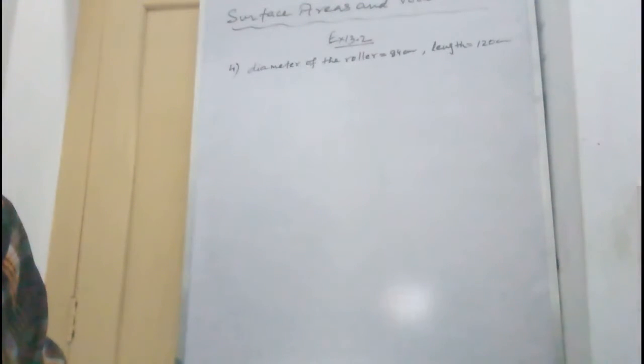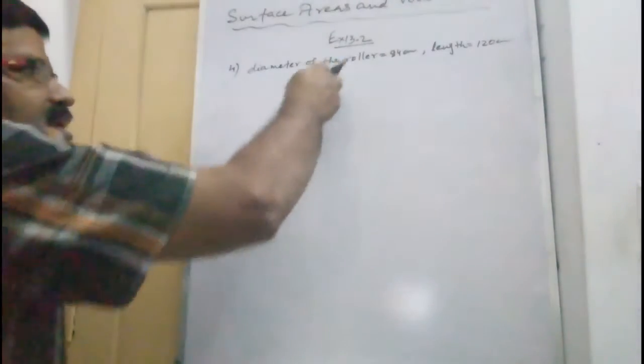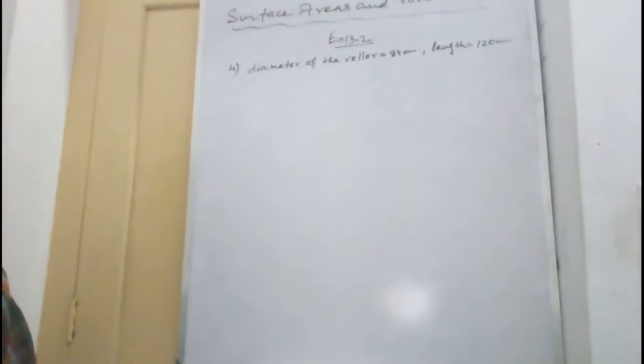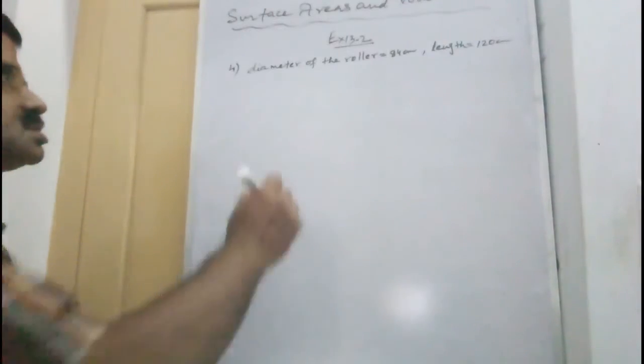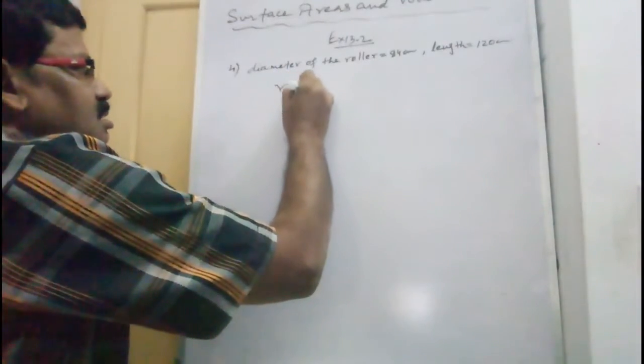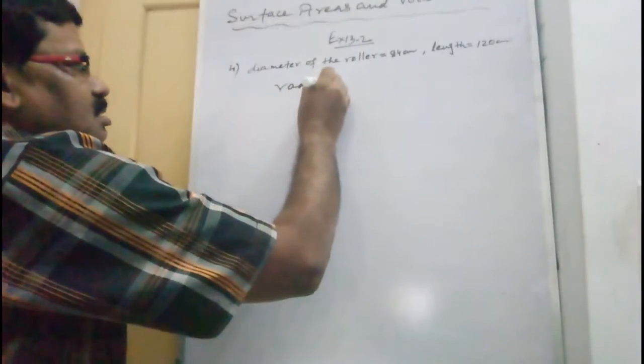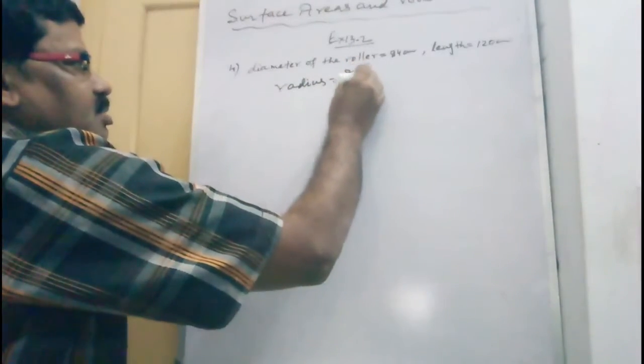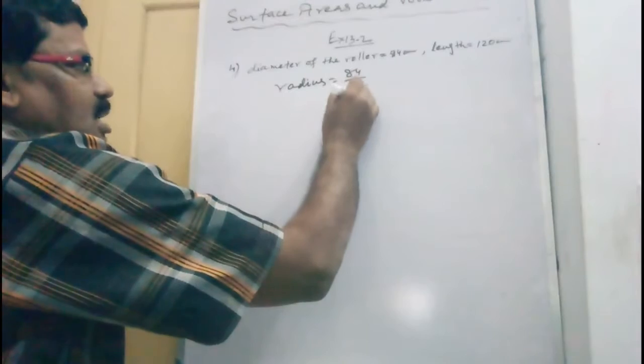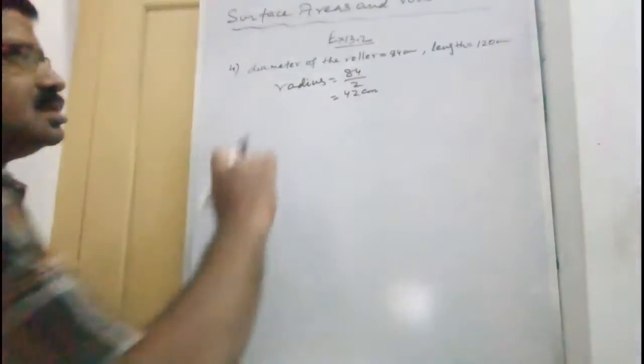So you have to find the area of the playground in meter square. As the diameter of the roller is given, first find the radius: 84 by 2, 42 centimeter.